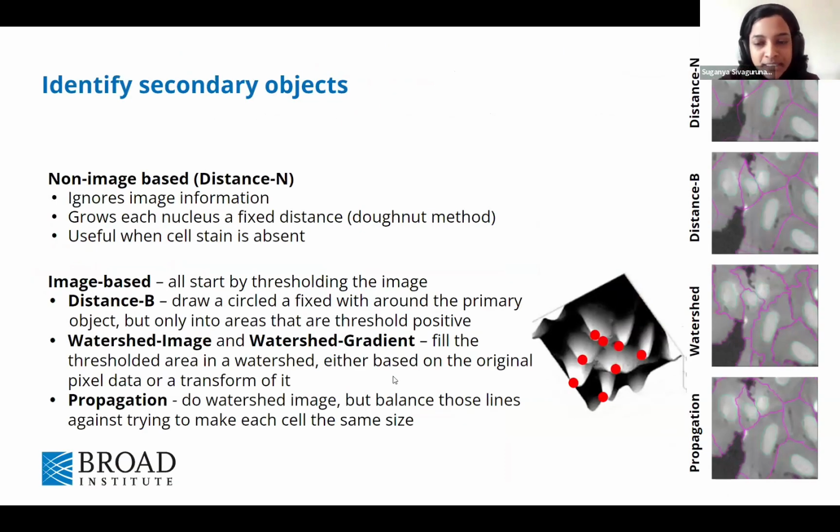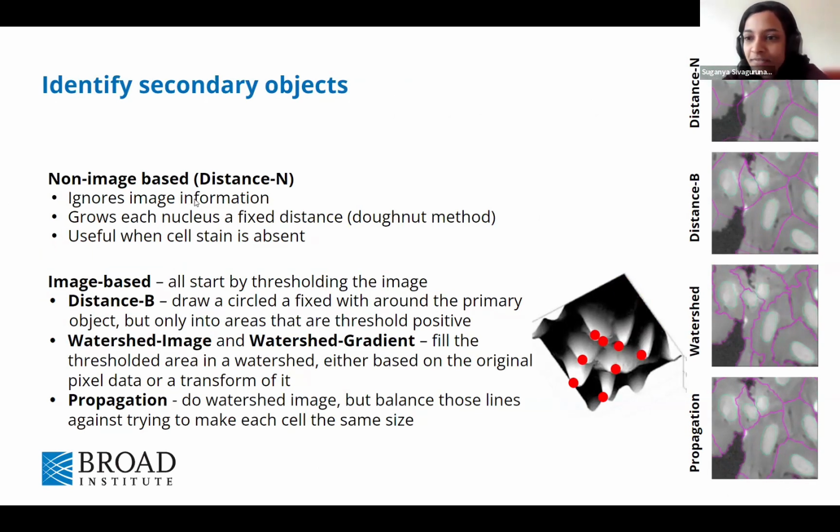There are 4 different methods that you can use to identify secondary objects. The example we have here is nuclei and cells, but it varies; anything can be primary or secondary objects, depending on what images you have.